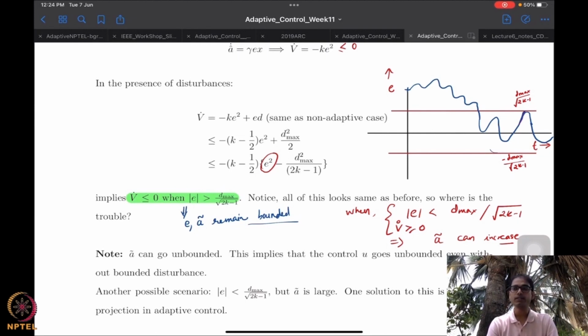And now this is a rather serious issue, because a parameter estimation error going unbounded means only one thing, and that is that your parameter estimate a hat is going unbounded.